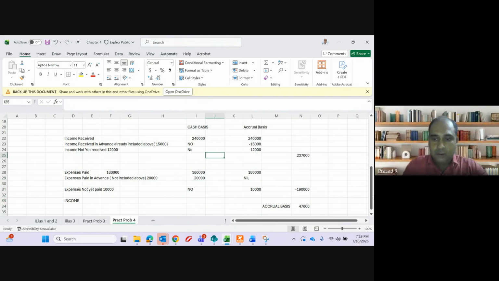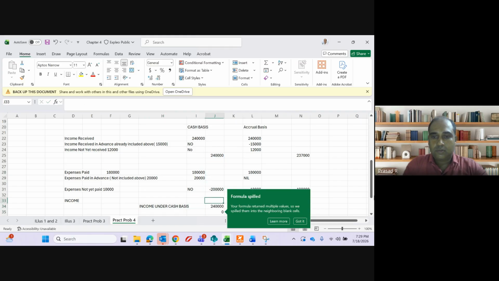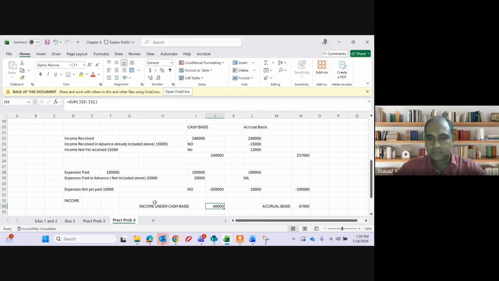Now here, my total income is how much? 2,40,000. My total expenses is how much? 2 lakh rupees. So income under cash basis is 2,40,000 minus 2 lakh.